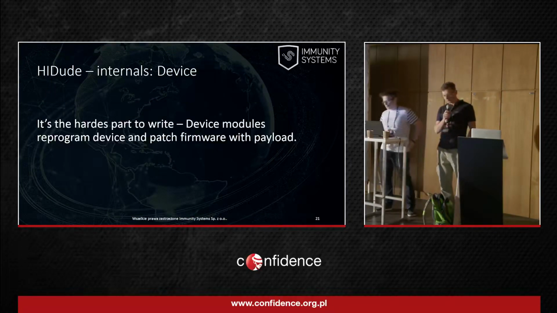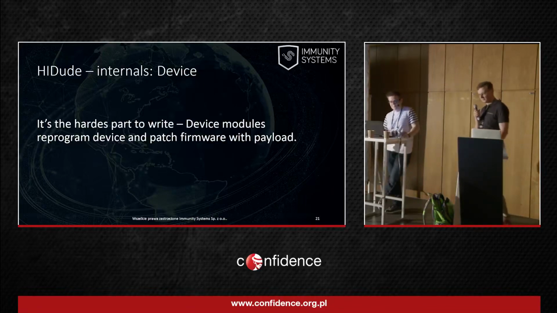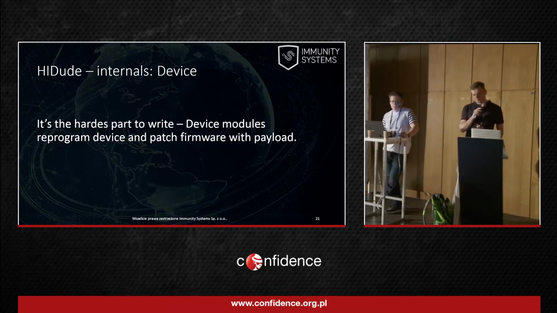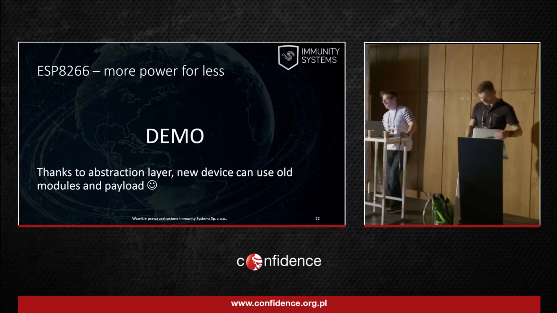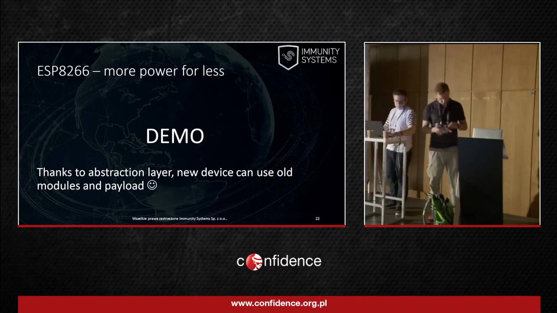You know, the hardest part of introducing new abilities to our software is writing a new device, because you have to patch the firmware inside this module and program the device, etc. But in the community corner we will have some labs and I can show you how you can do it. DigiSpark is a simple device, it's cheap, but it has some disadvantages.